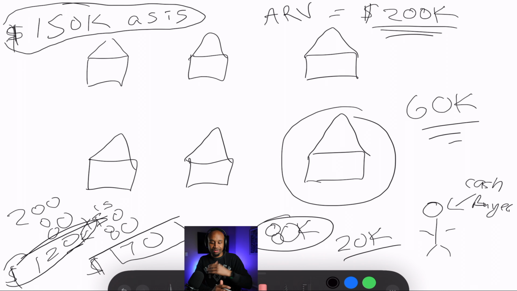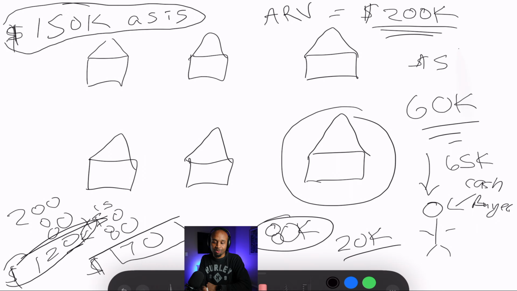So my point is, like I was saying, I got the house on the contract for 60, and I assigned the house to him for 65, for 5K. So he bought the house for 65K, gave me 5K. So I made 5K on this deal.